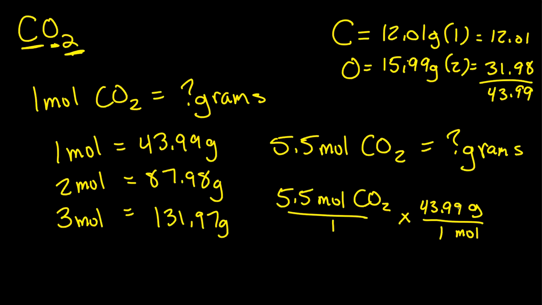So I do 5.5 divided by 1 times 43.99, and we get 241.95. Moles cancels out, leaves us with grams. So 5.5 moles of CO2 is going to be 241.95 grams of carbon dioxide.